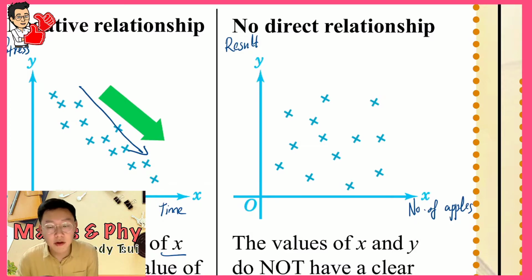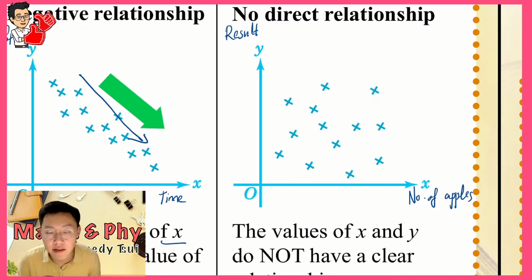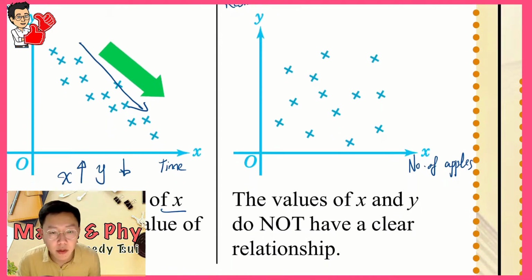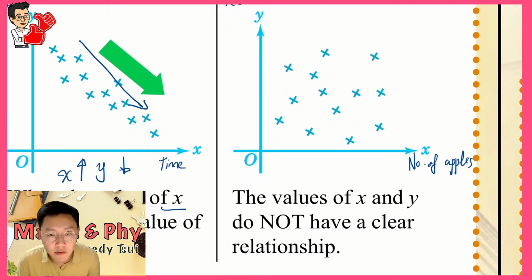Because these two items do not have any relationship, we can say that the values of x and y do not have a clear relationship.